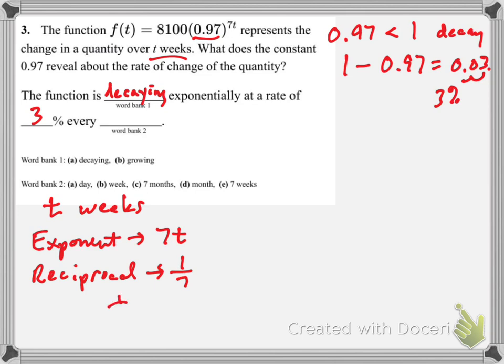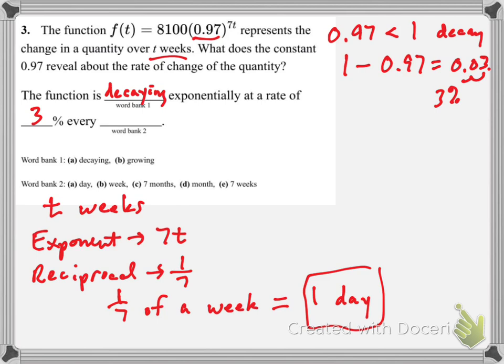So that's 1/7 of a week. Well, how many days are in a week? 7. So 1/7 of a week is 1 day. So the function is decaying exponentially at a rate of 3% every day. All right.